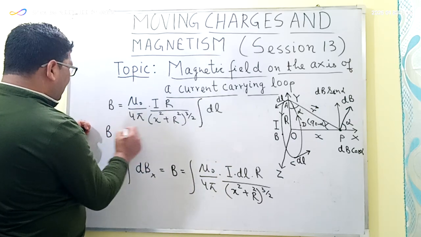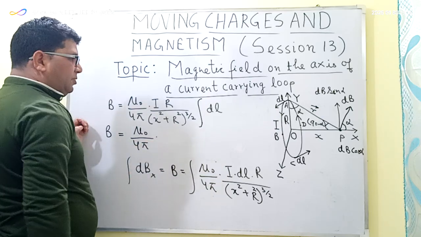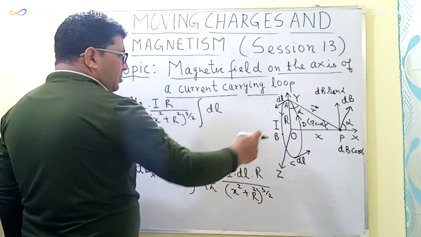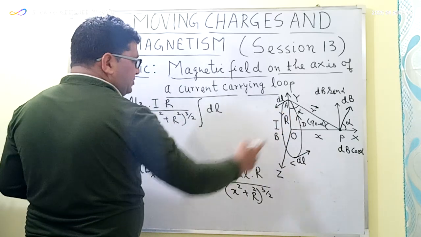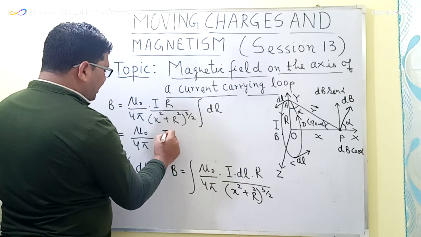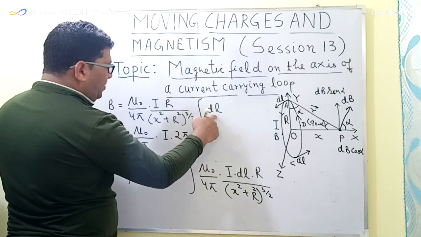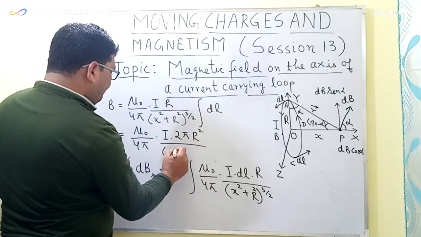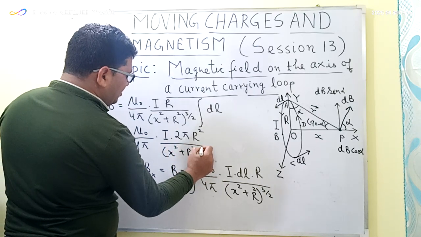So the total magnetic field at the point P due to the current carrying loop, at a point P on the axis at a distance x from the center, will be 2 pi r into r, that is 2 pi r square divided by (x square plus r square) to the power 3 by 2.